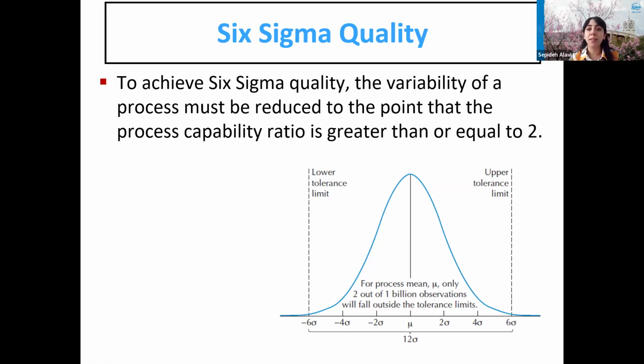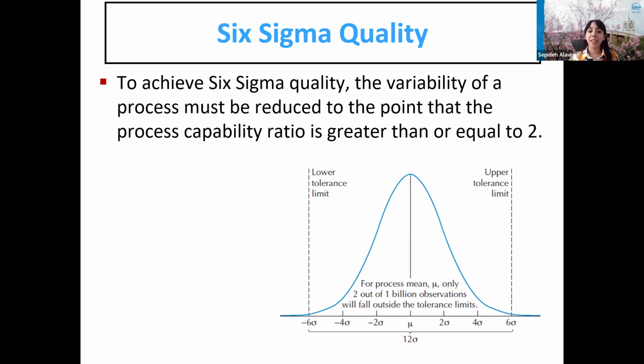So if the business is able to reduce the variability of the process to the point where the process capability ratio is greater than or equal to 2, that's where they achieve Six Sigma quality.